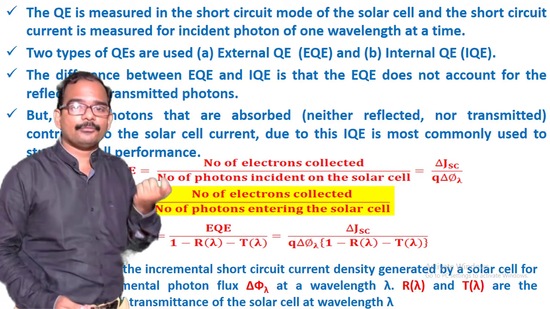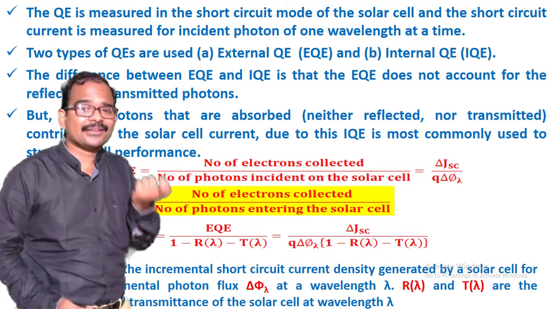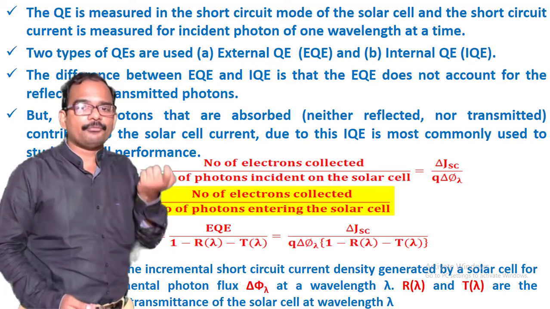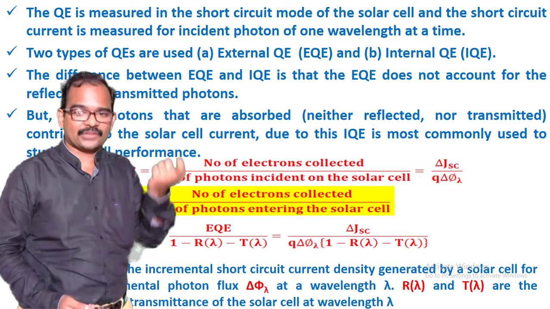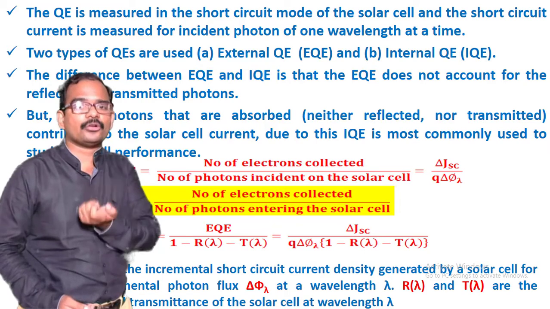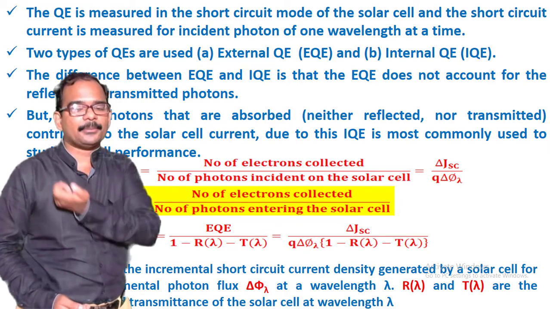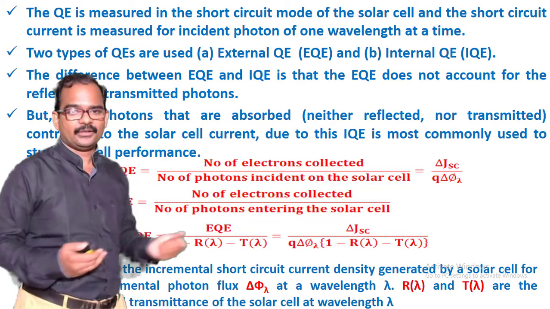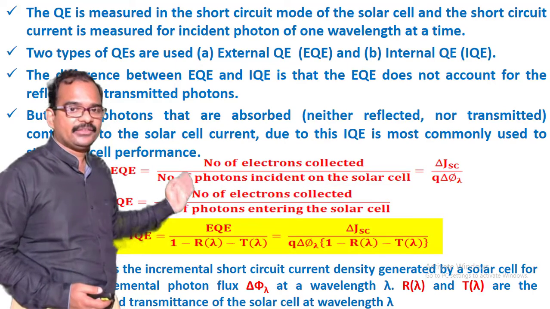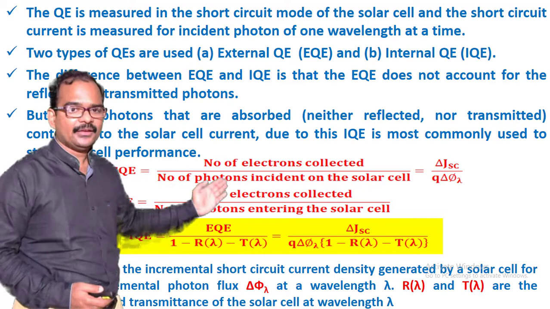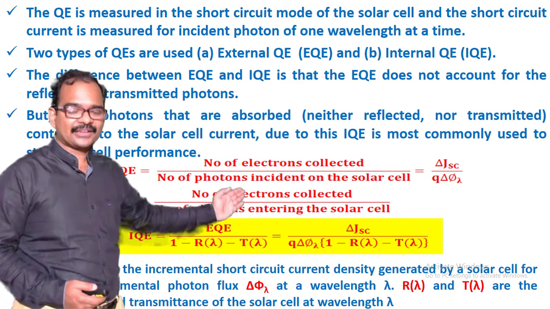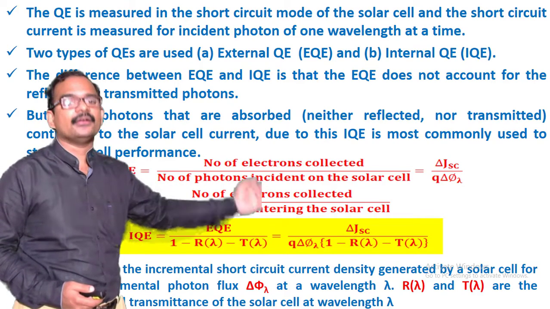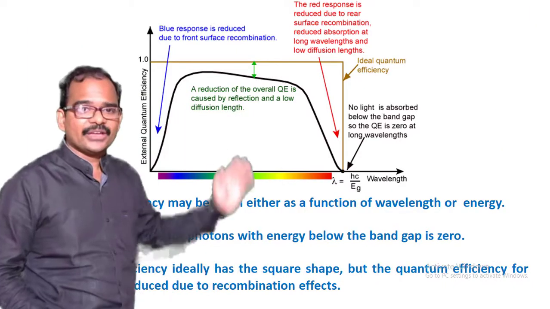That is, the number of photons entering the solar cell is equivalent to the number of photons incident on the solar cell minus number of photons reflected minus number of photons transmitted. Right. Therefore, IQE is equivalent to EQE by 1 minus reflected minus transmitted photons. So now you can see it here.